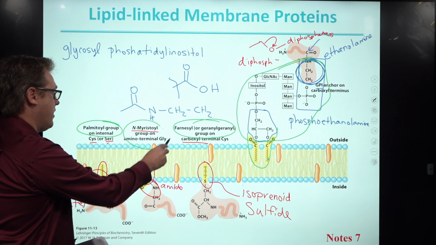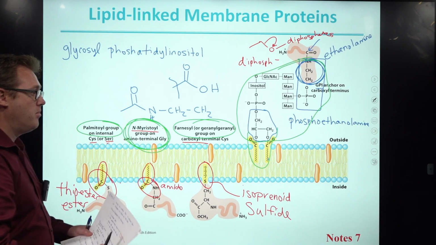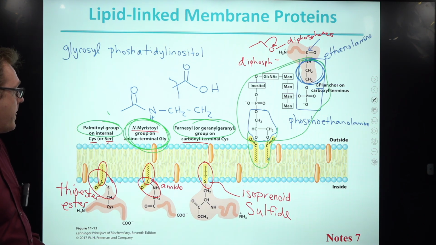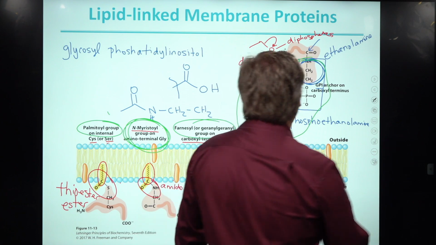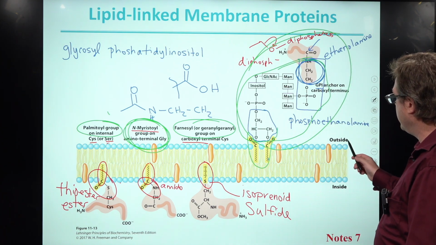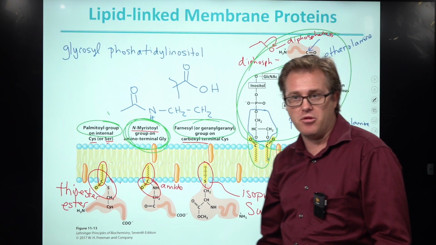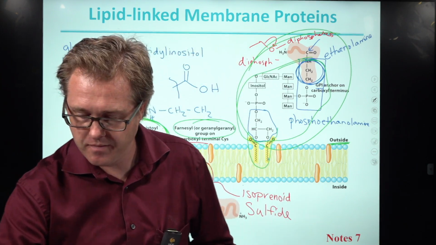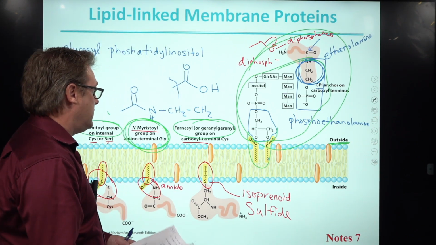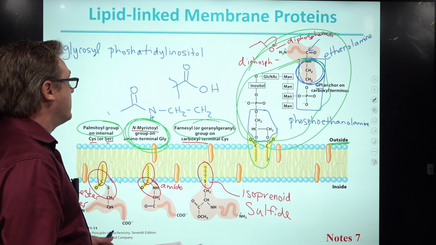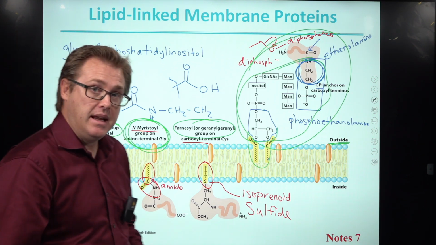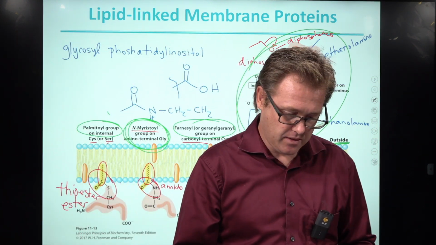This group right here can be found on both sides of the membrane. And then the GPI linkers right here are only found on the outside face of the membrane, or the extracellular space. Okay, so that's the information that I want you to understand about these lipid-linked proteins.